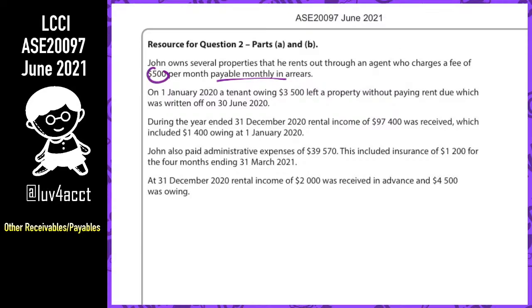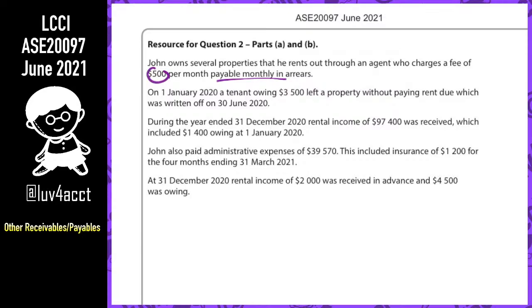Oh, I see why it is in the third level. And then John also paid admin expenses. So admin expenses is not related to our two ledger accounts that we are working on, but it will go into our calculation of profit. And also we have insurance.